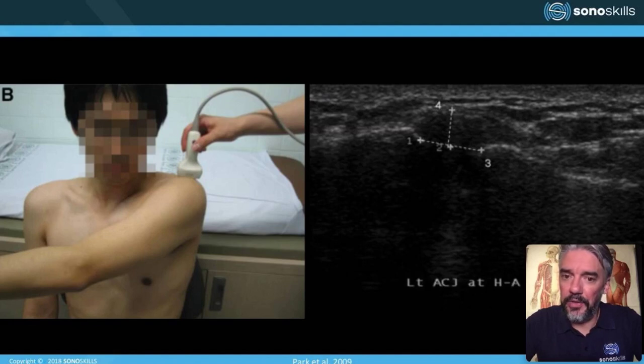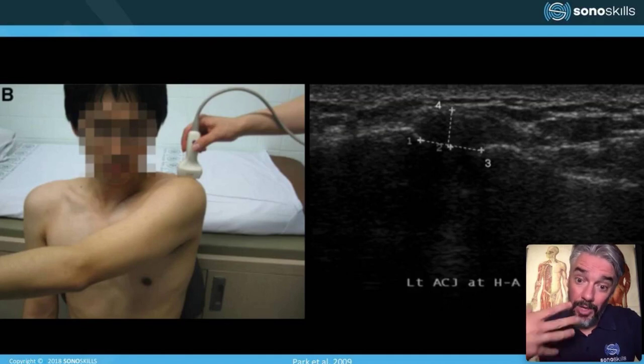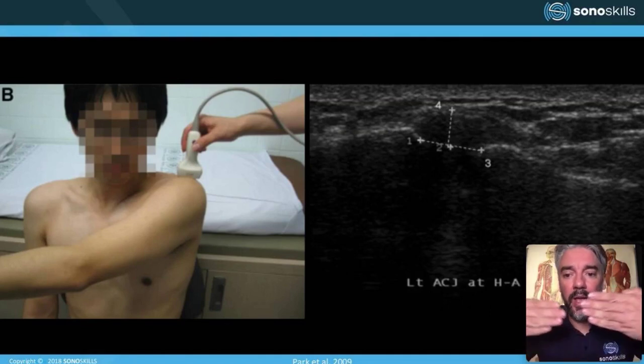And with horizontal adduction, the joint width narrows, so you have more compression of the AC joint. It's interesting for screening. Is my finding clinically relevant, yes or no? Can I really produce the pain the patient also has? But also to note, is there an instability?